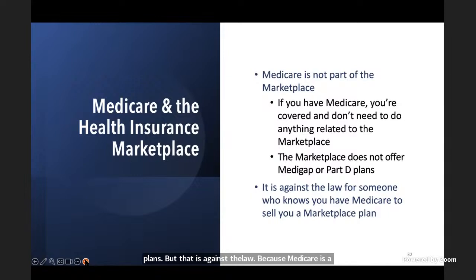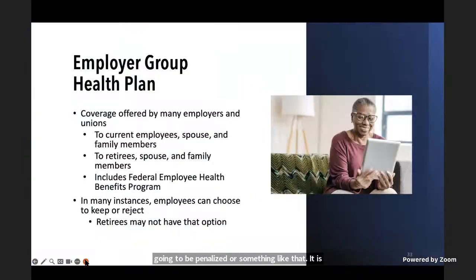So be aware of that, especially if you or someone you know is on Medicare and has received solicitations that they need to join a marketplace plan or they're going to be penalized or something like that, it is actually against the law. So, but that doesn't stop people from trying to get people enrolled.